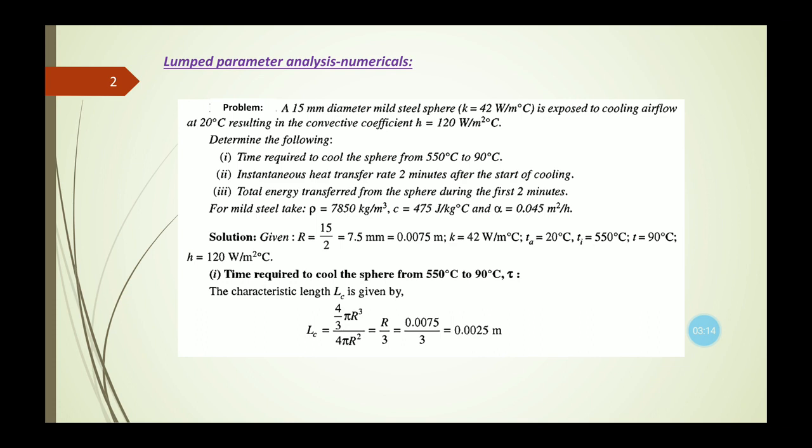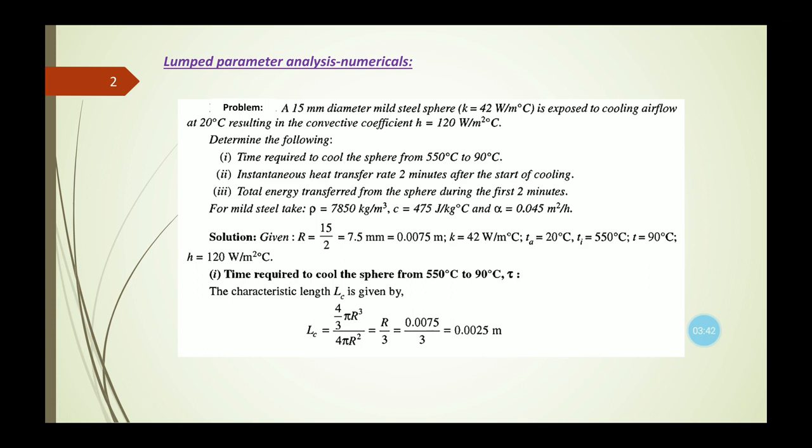So how to calculate the value of this characteristic length? In the last lecture we discussed the formula to calculate the characteristic length: it is the volume divided by the surface area of that geometrical shape. Now here for this sphere, the characteristic length is the ratio of its volume divided by the surface area.